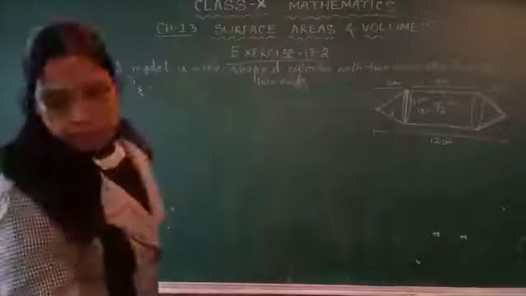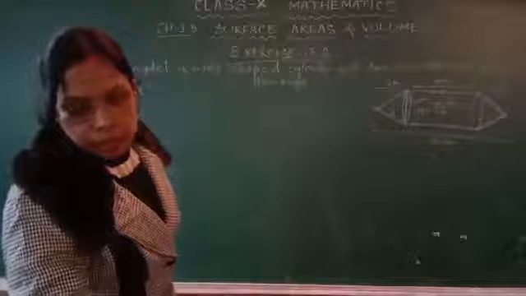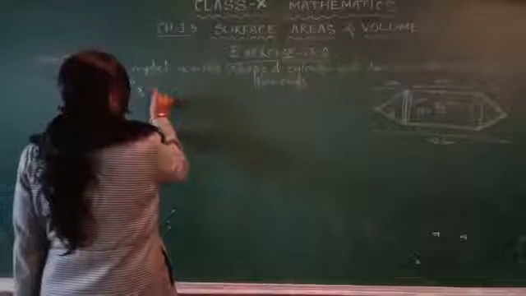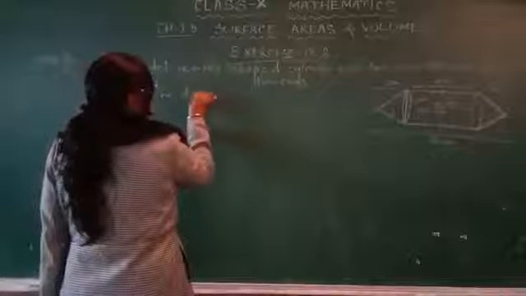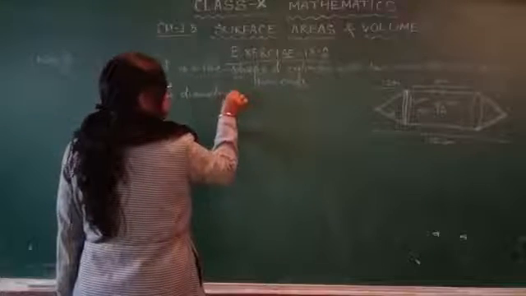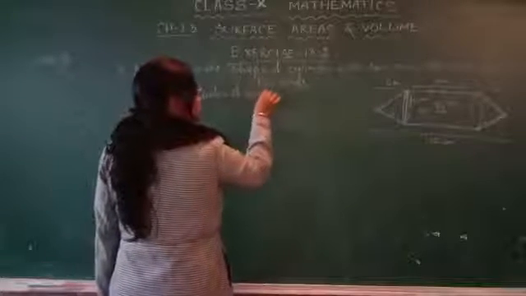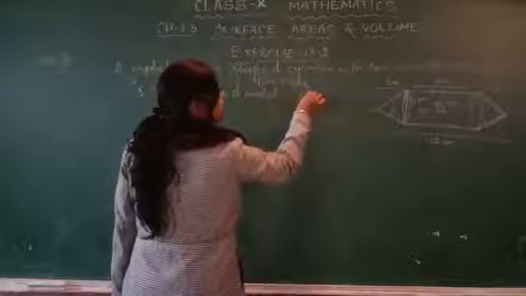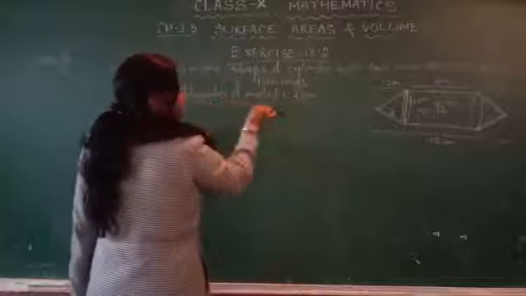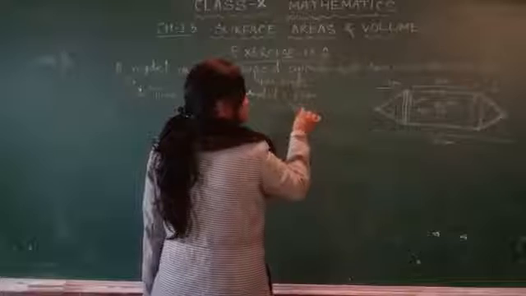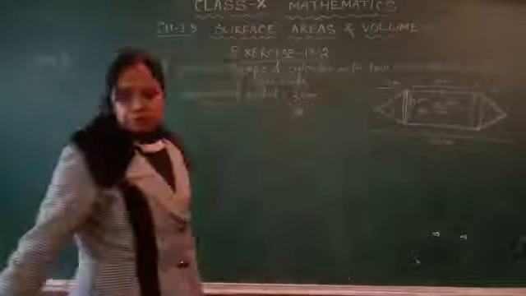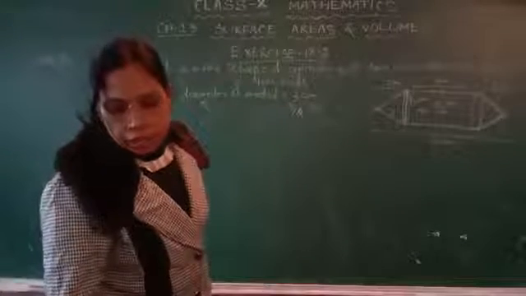Here it is given, the diameter of the model is 3 cm. So the diameter of the model is equal to 3 cm. So the radius of the model is 3 upon 2 cm.